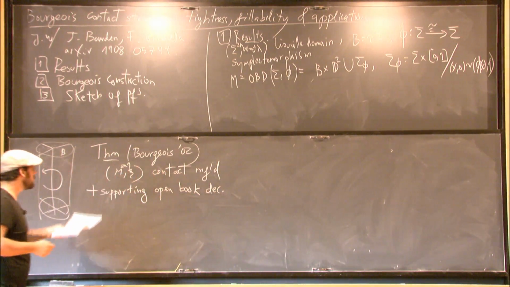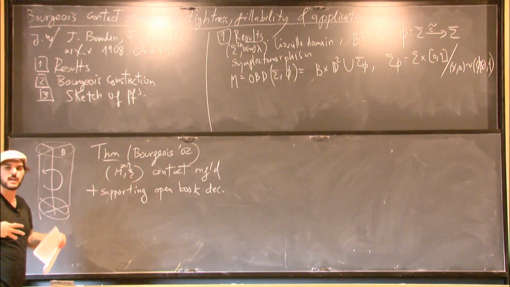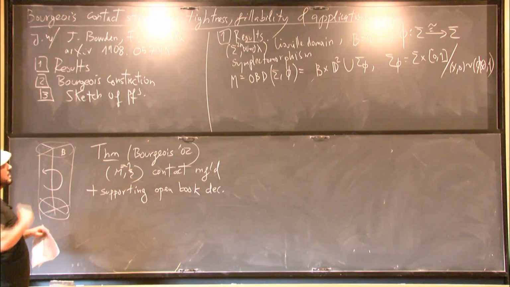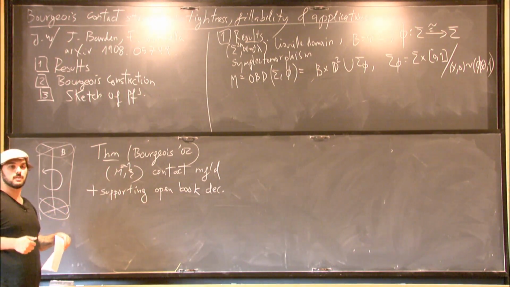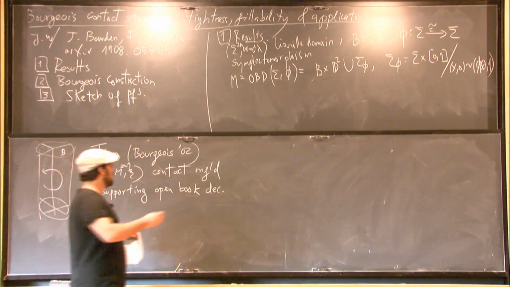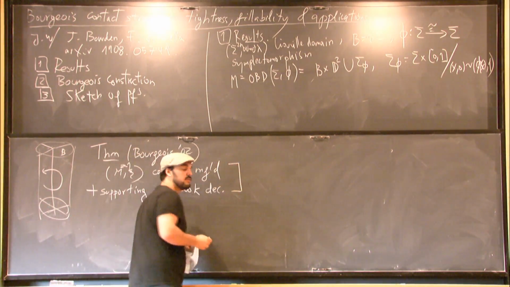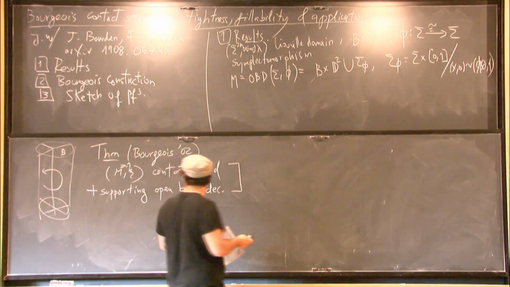Supporting in the sense of Giroux, right, that the contact structure is in some sense adapted to the decomposition of my manifold M into these two pieces in a very specific sense. And these things always exist by work of Giroux.